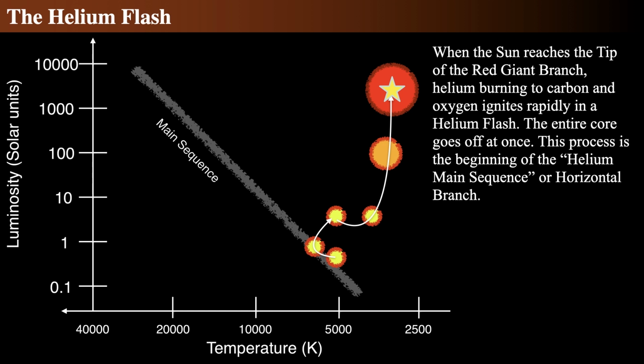This degenerate state needs to be lifted away when it gets hot enough so that when fusion starts to occur, it releases more energy, which can be given to the electrons, and therefore they can participate in the support of the star. And so now we go after the helium flash, where this all begins at once. We then move down to what's called the helium main sequence, or the horizontal branch.